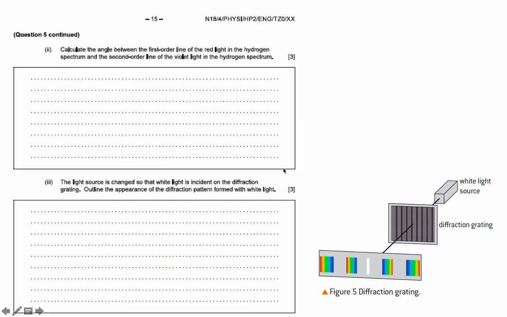Calculate the angle between the first order red light in the spectrum and the second order violet light in the hydrogen spectrum. Okay, where's that formula? Here it is. We're going to use this, and this is page 9, interference. So n lambda equals d sine theta.